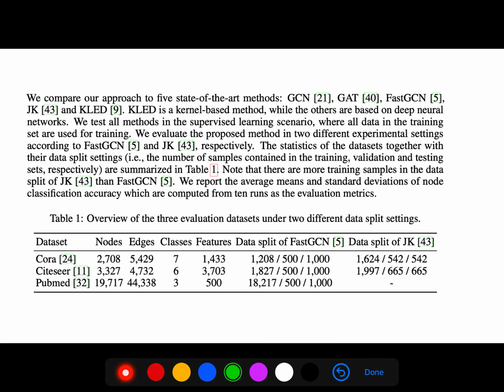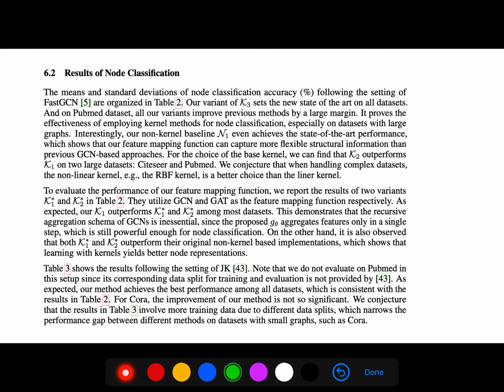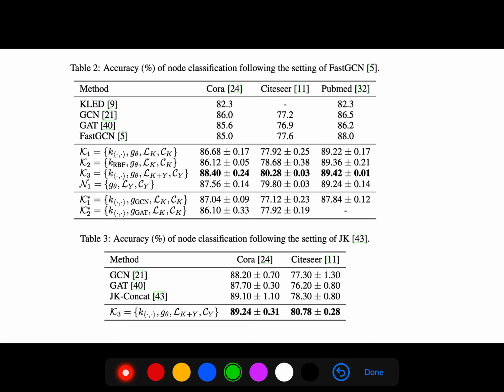So they did experiments on these datasets, Cora, Citeseer, and PubMed, because they are good for node classification. These are the results, the accuracy in terms of percentage. And they compare, for example, graph attention or graph convolution to their method.